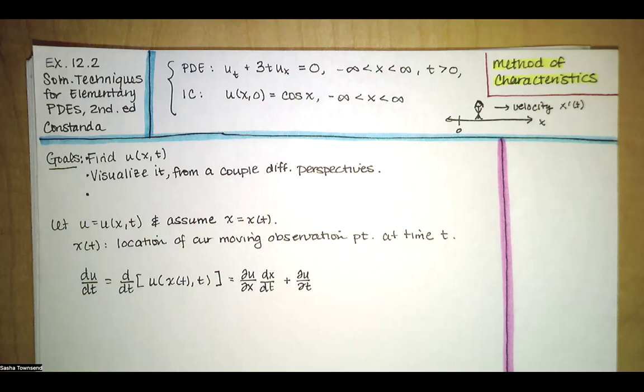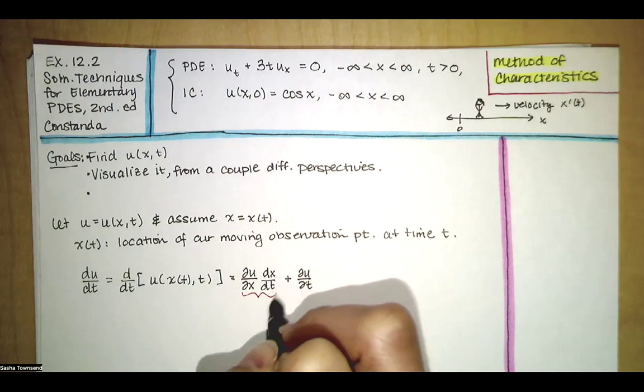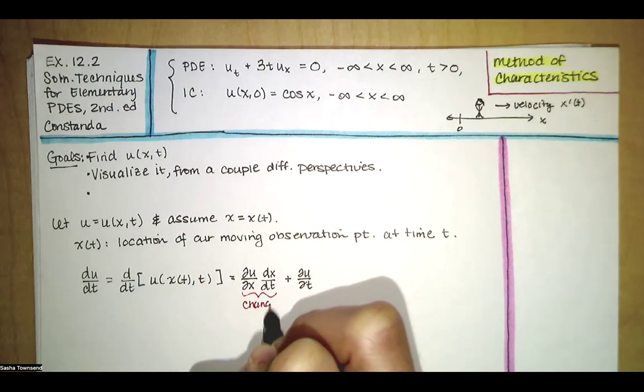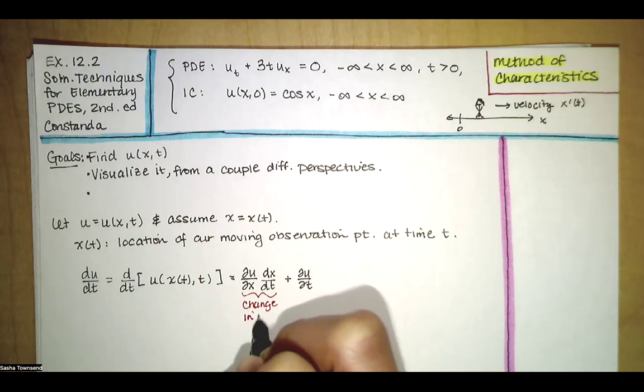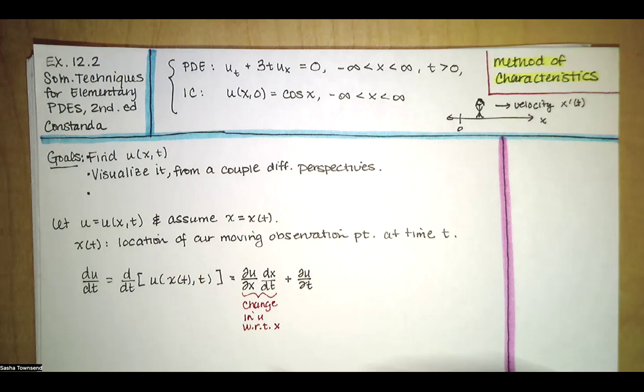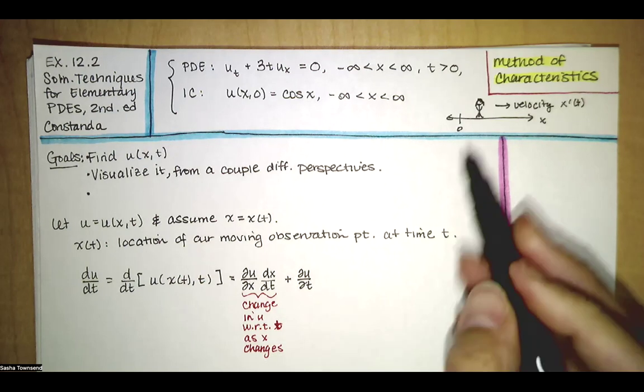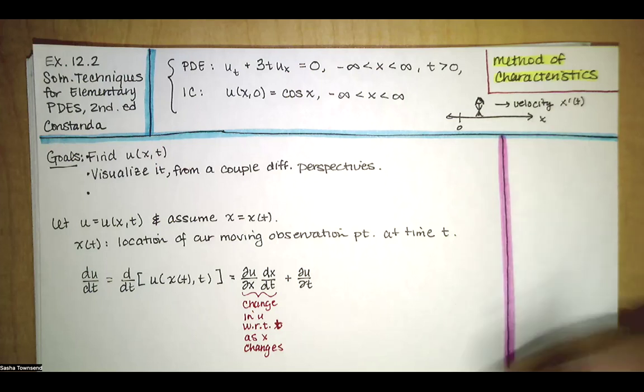Now, each of these terms has a meaning. This is the change in u with respect to t as x changes. So that's the change in u with respect to t due to our movement along the x-axis.